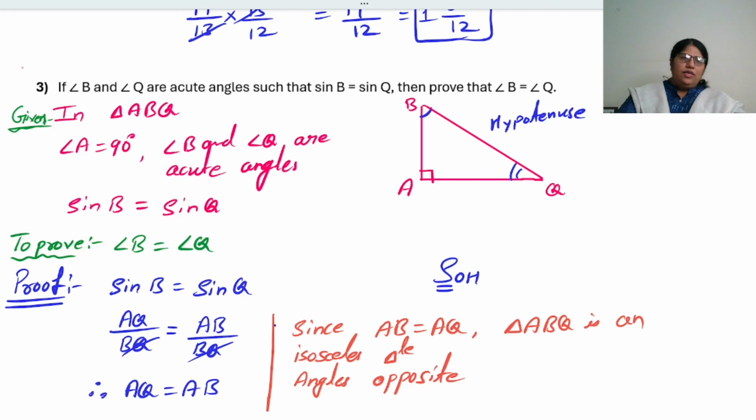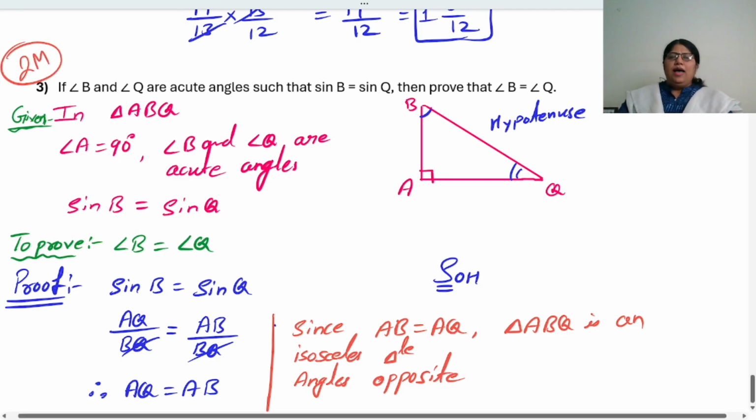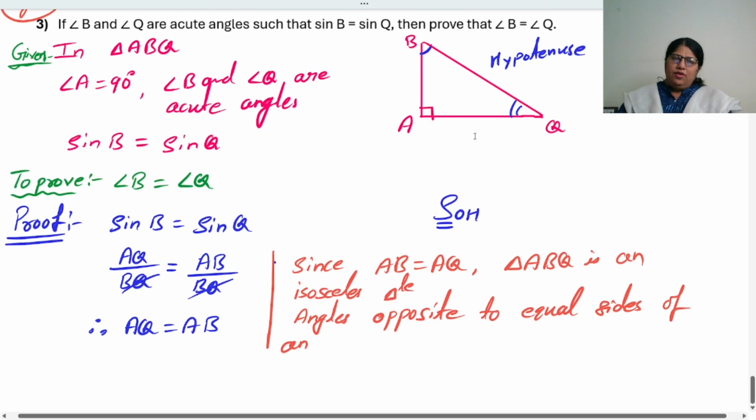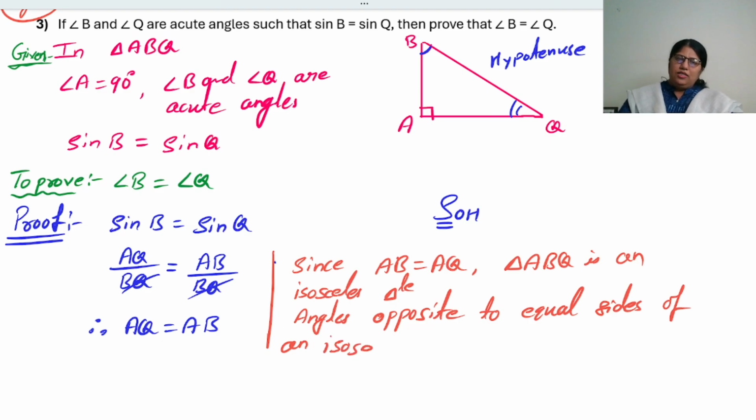If this question comes, it can be a 2 or 3 marker question. Therefore, angle B is equal to angle Q, hence proved.